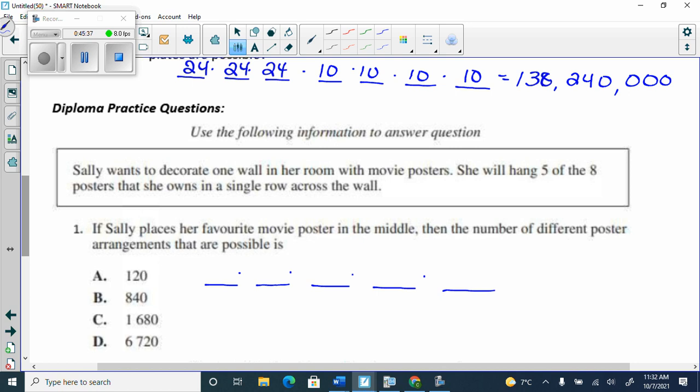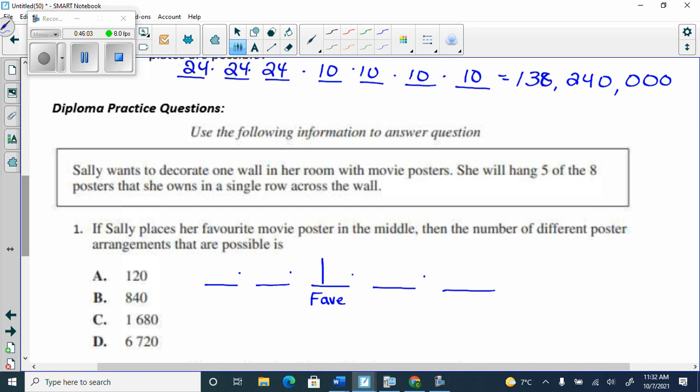If Sally places her favorite poster in the middle, then how many different arrangements are possible? How many options of favorite does she have? It's her favorite poster. 1. So we have to deal with this one first, and she has 1 option, correct? It's placed.